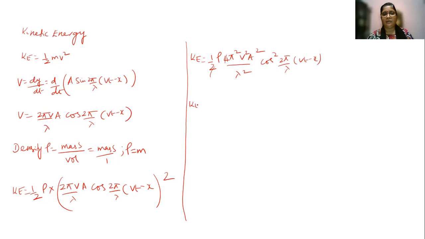So our kinetic energy equation is now 2 rho pi square v square a square by lambda square cos square 2 pi by lambda (vt minus x). I'll call this my equation 1. So I have an expression for kinetic energy. Let us now try to find an expression for potential energy.